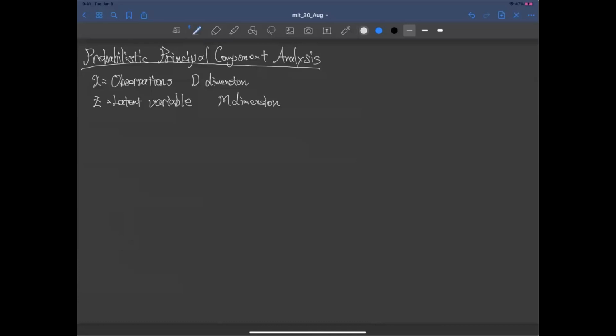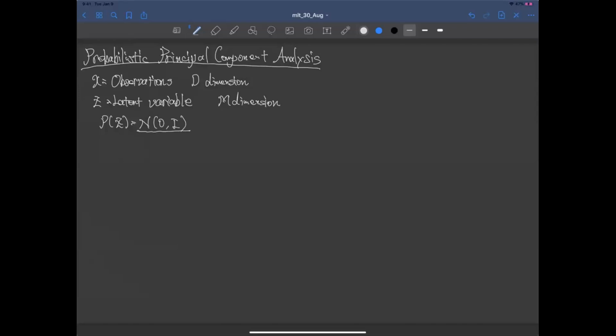Then, as I explained in the previous session, we assume a probability distribution for each variable. I hope everyone is familiar with this notation. This is a normal distribution with mean 0 and covariance matrix the identity matrix.